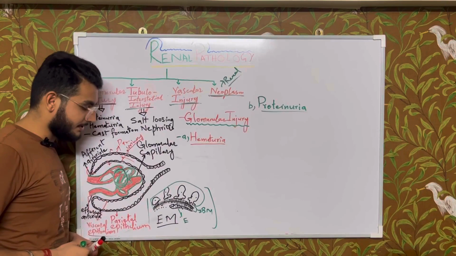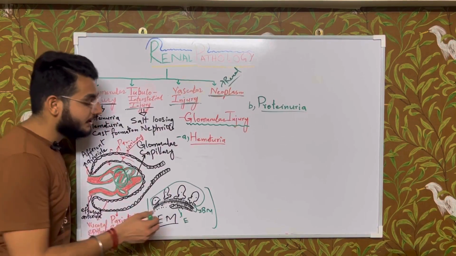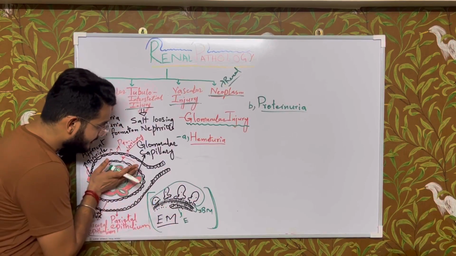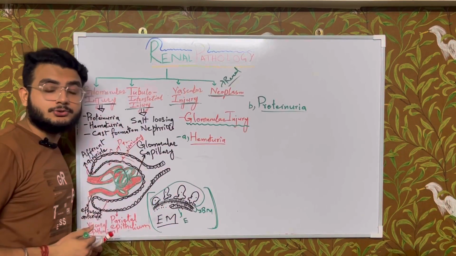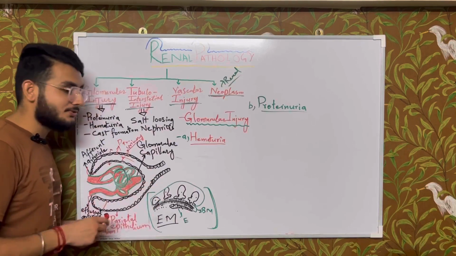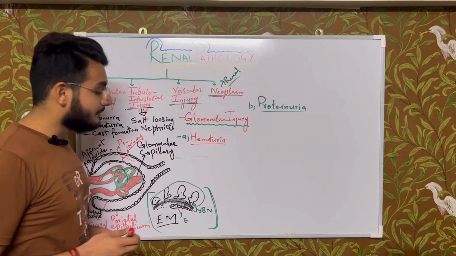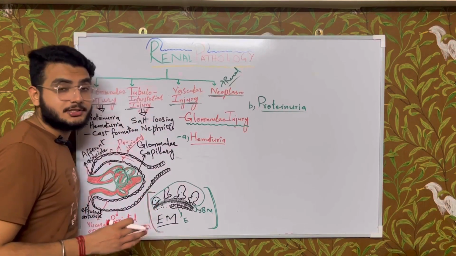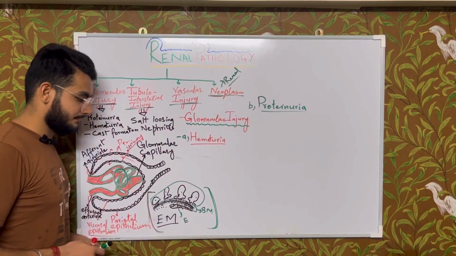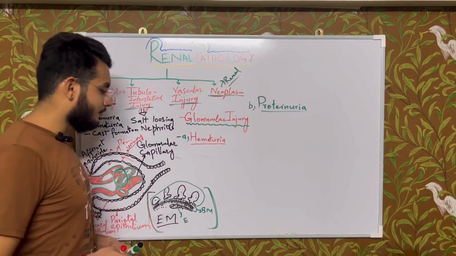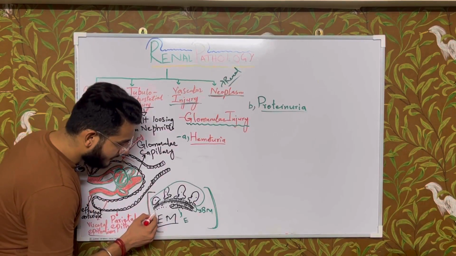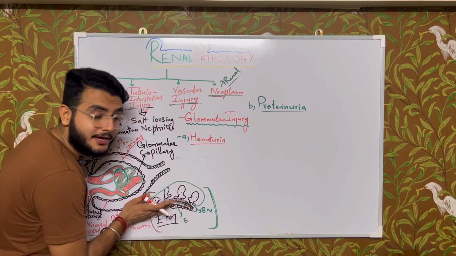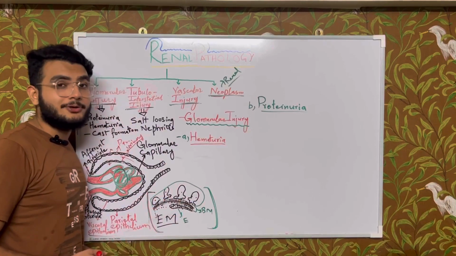But once you go through the electron microscopic visuals of this structure, you will realize that it is not a single layered structure, but a trilaminar structure. It is made up of three layers. What are these layers? On the inner side, you will find the endothelium of the glomerular capillary.